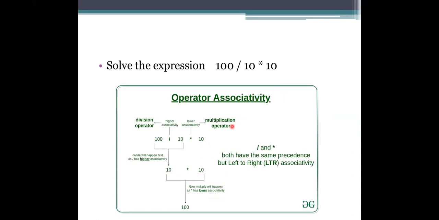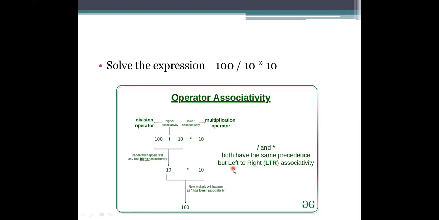In the next representation, we are using operators of the same precedence in an expression. How am I going to process this one? These two, the star and the division operator, have equal precedence. Then, to calculate the result, we need to plot the expression and decide the order of precedence, that is, the associativity.